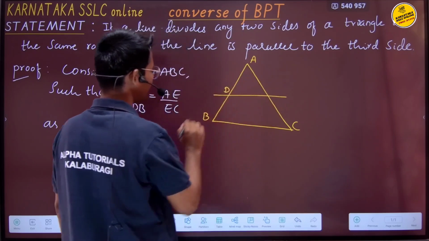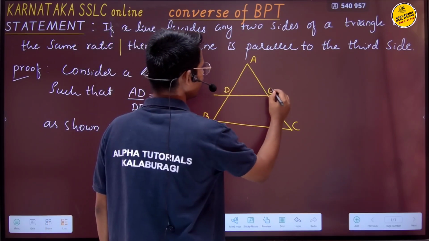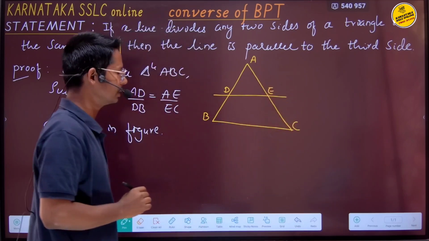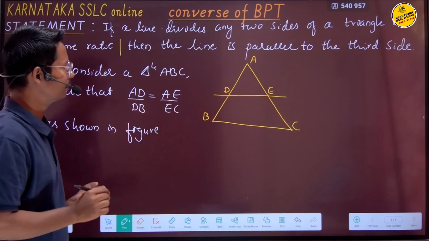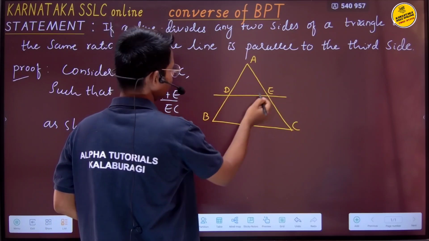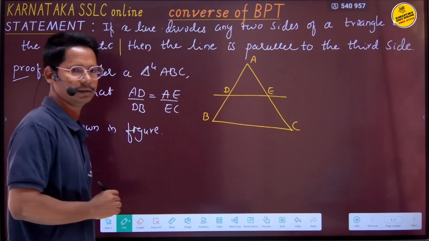This is given: AD by DB equal to AE by EC. What we need to prove is that DE is parallel to BC.